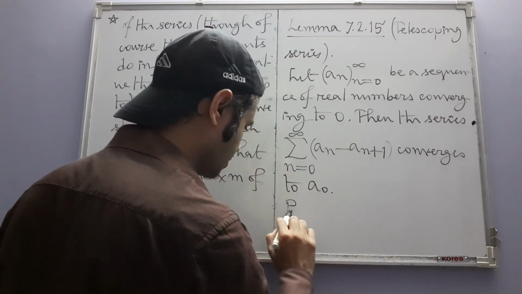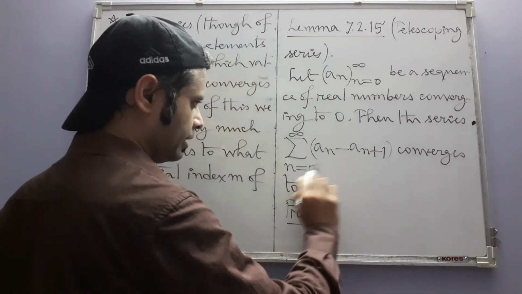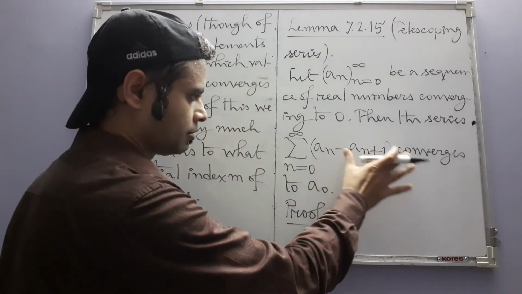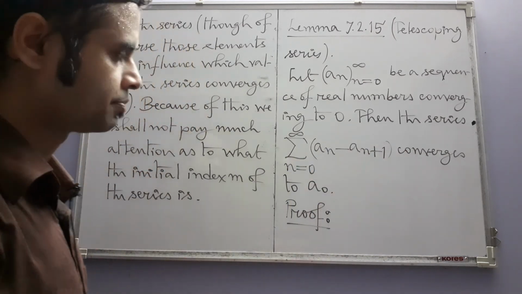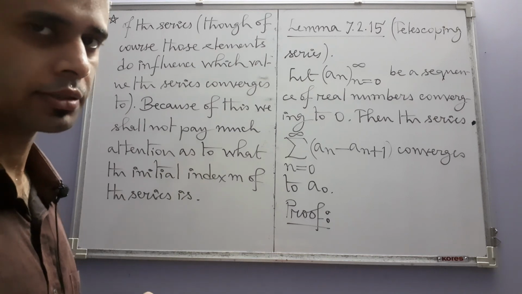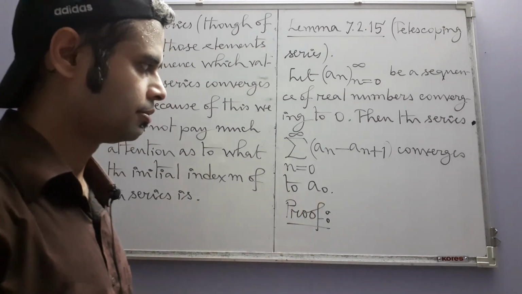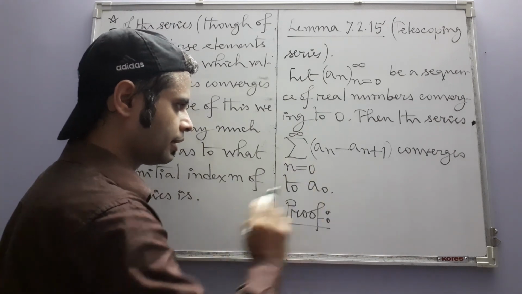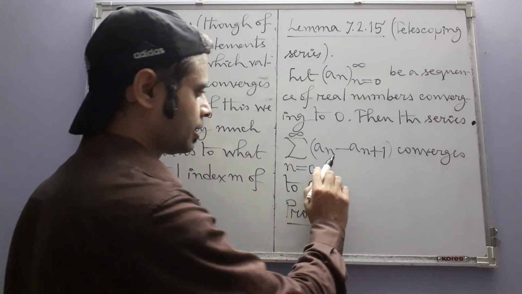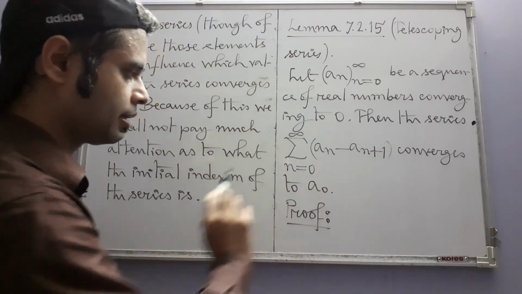When we prove this, you will see that due to the nature of the terms, which are themselves a specific type of differences, there are many cancellations, and that's how we have A naught, because after A naught whatever else appears eventually cancels out, and in the long run you don't have anything other than A naught.